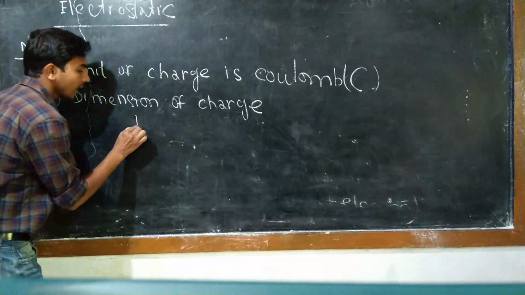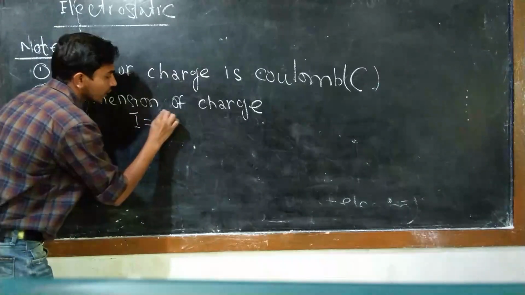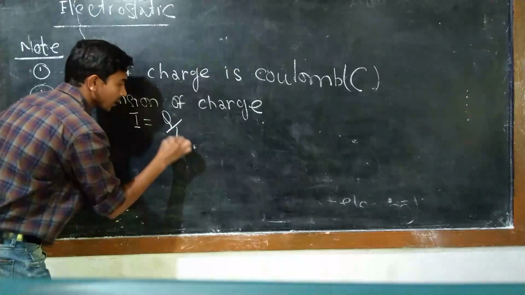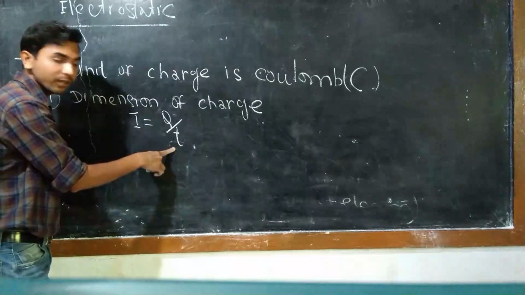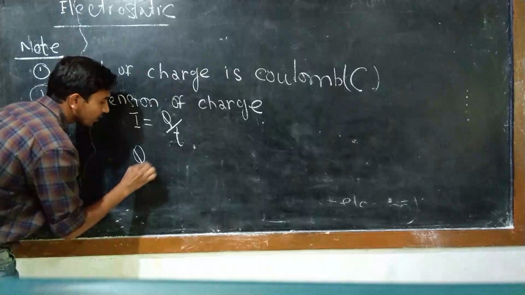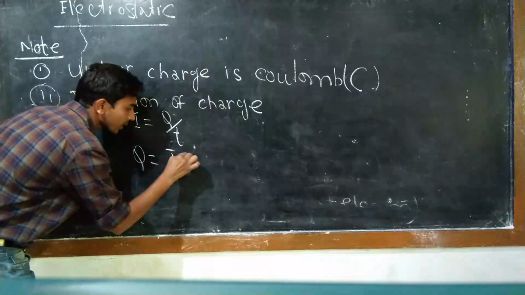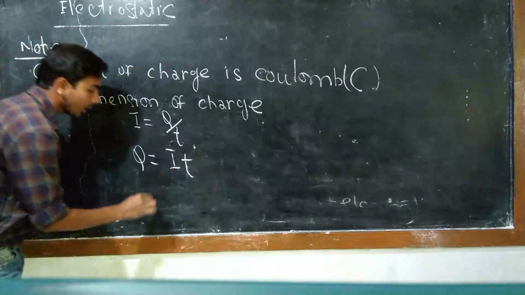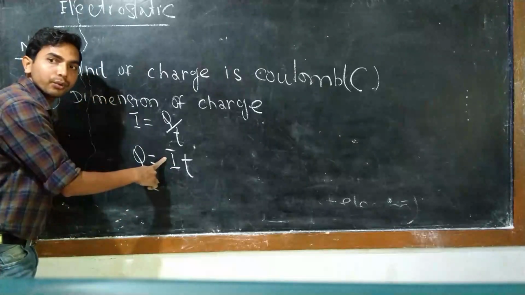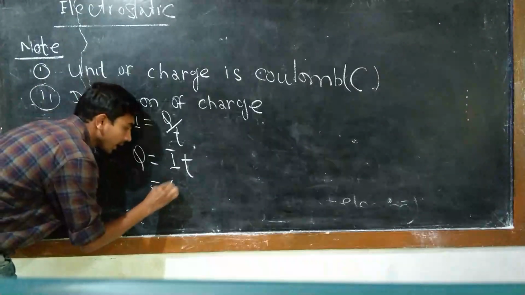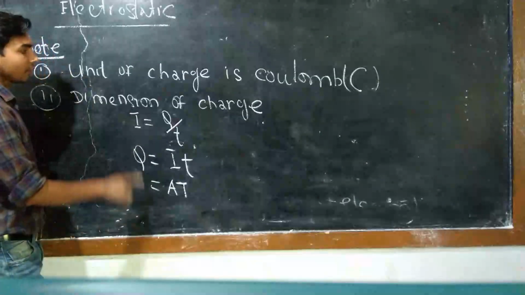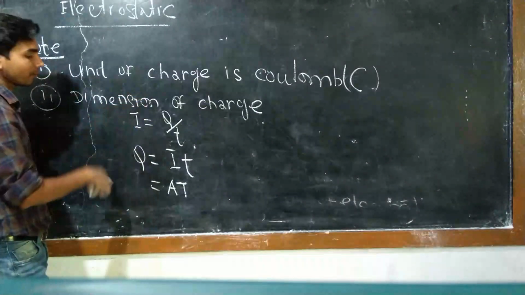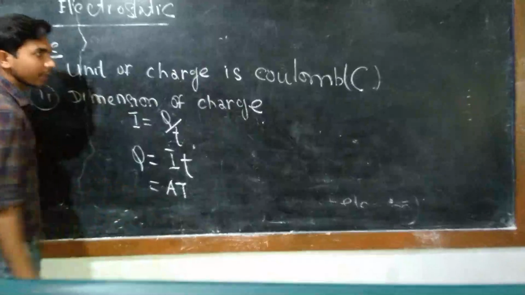You know, I is equal to Q by T. I is current, Q is charge and T is time. So from here we can write Q is equal to IT. The dimension formula of current is A, and for T is time, so the dimension formula of charge will be AT.